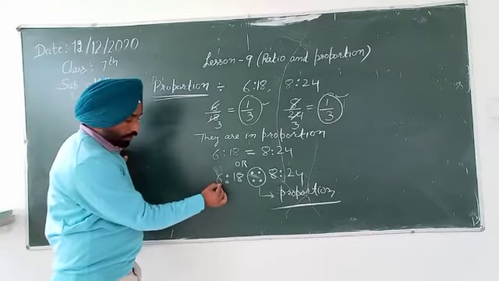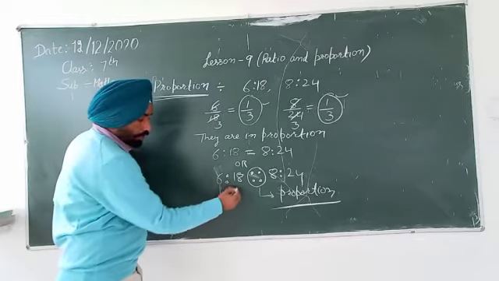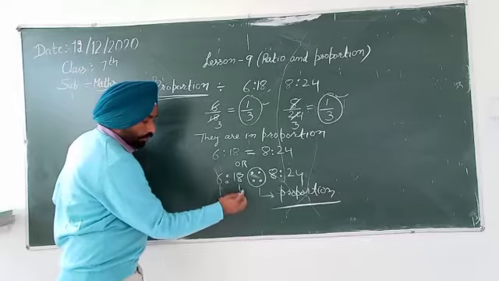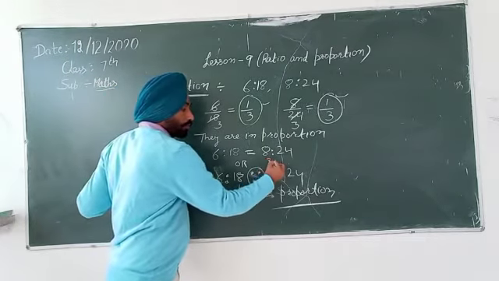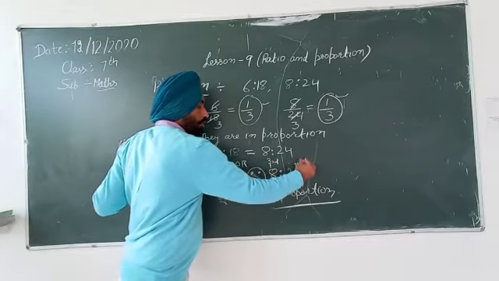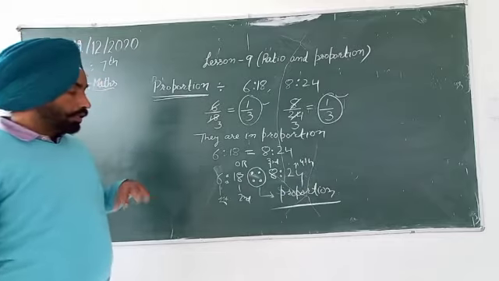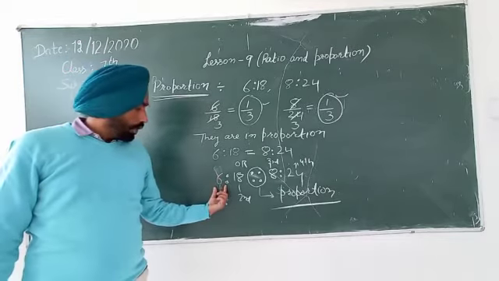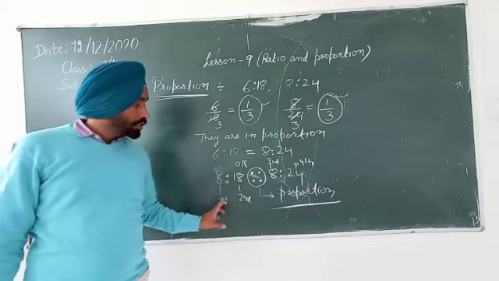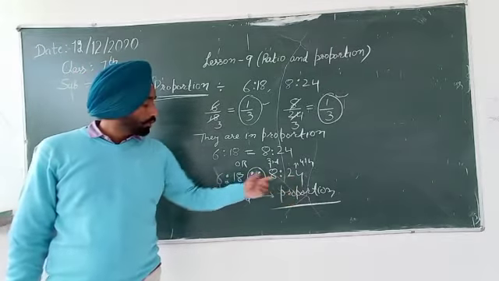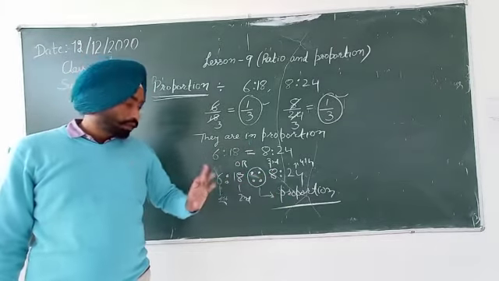Okay, so now beta, please note here, in a proportion there always we have 4 terms. Okay, 4 terms are there. Look, this is the first term, this is second, this is your third term, and this is your fourth term. Sometimes you can change the question, like if they are in proportion, then product of first and fourth term will always be equal to product of second and third.